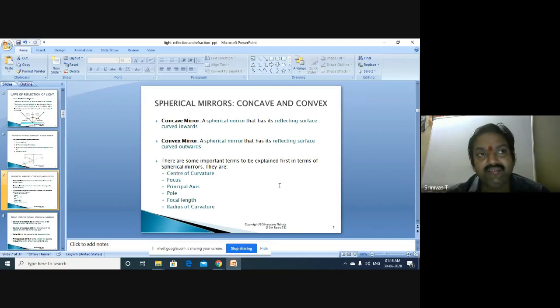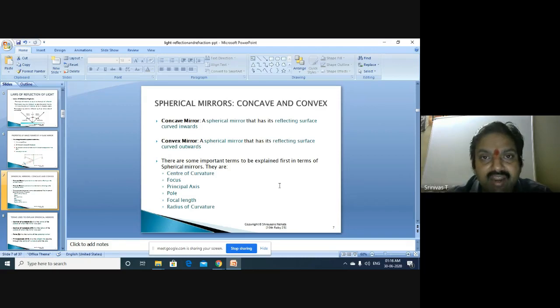If the reflecting surface is curved inwards, then it is called a concave mirror. Concave means the outer bulged portion is coated. Similarly, a convex mirror is a spherical mirror that has its reflecting surface curved outwards.